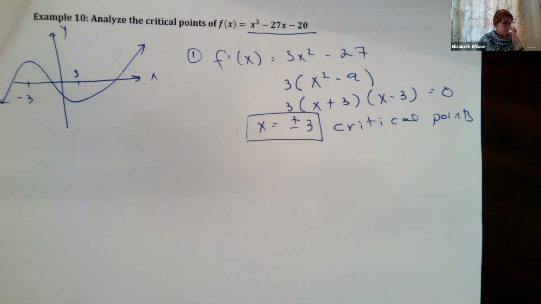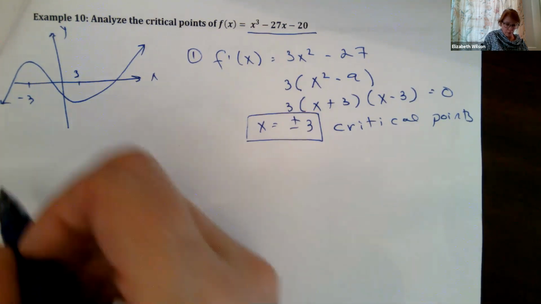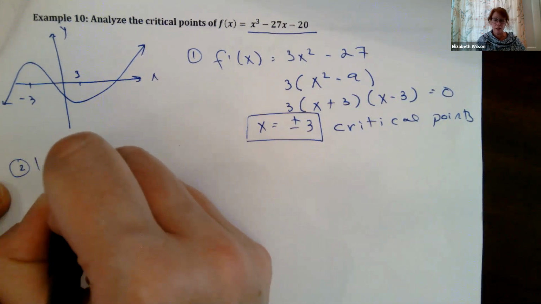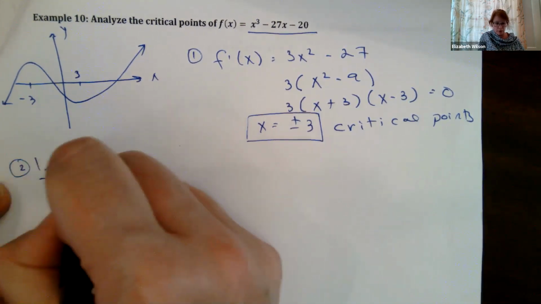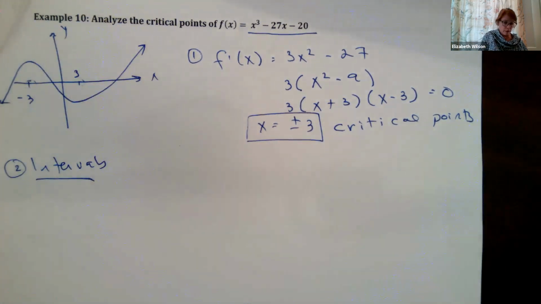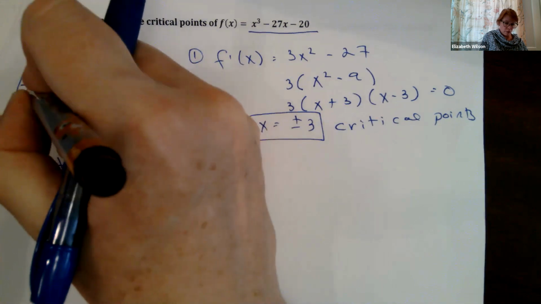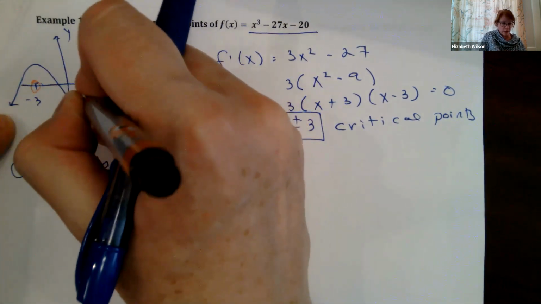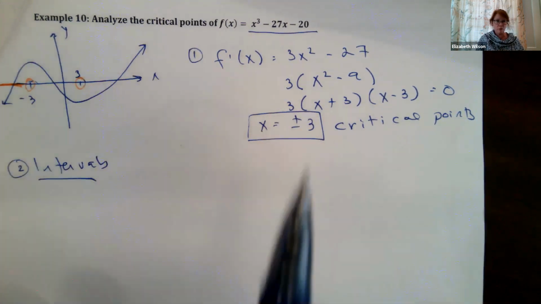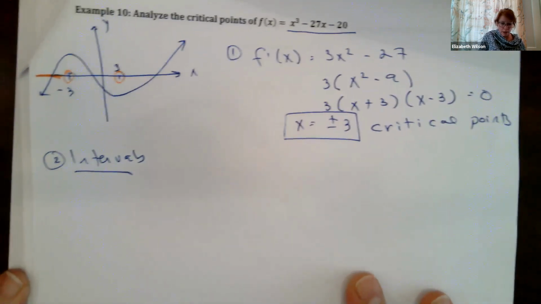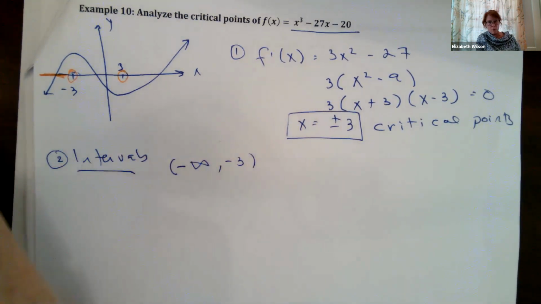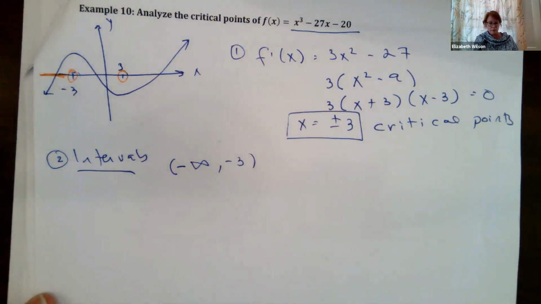All right, my next step is I have to figure out what my intervals are. Intervals of x values, okay? So this is the first set. Here's the second. I'll put an orange circle here and an orange circle there. My first interval that I need to think about is coming in from here. It's going to be all my x values from negative infinity to negative 3, all the values coming in from way out until I hit negative 3.